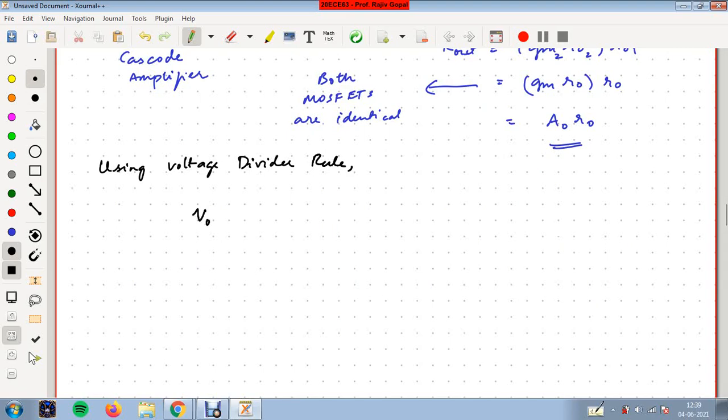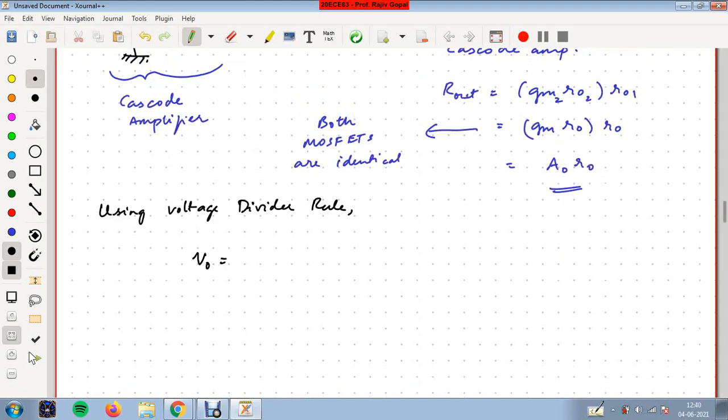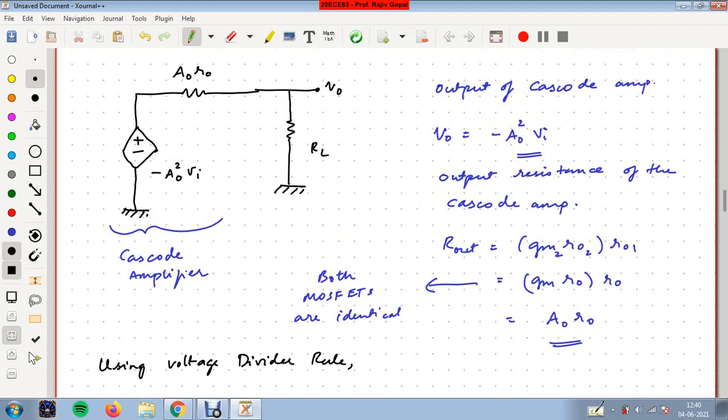Look here, I can write V naught as this voltage. This voltage is V naught, right?